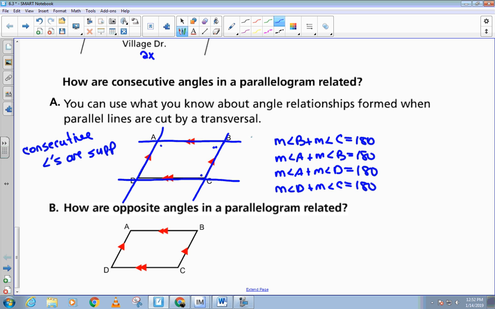Oh, they're congruent. Okay, how do you know? They're both supplementary to the same angle, right? That was the congruent supplements theorem, I think that's what it was called. Angle A is supplementary to B, and angle C is supplementary to B, right?